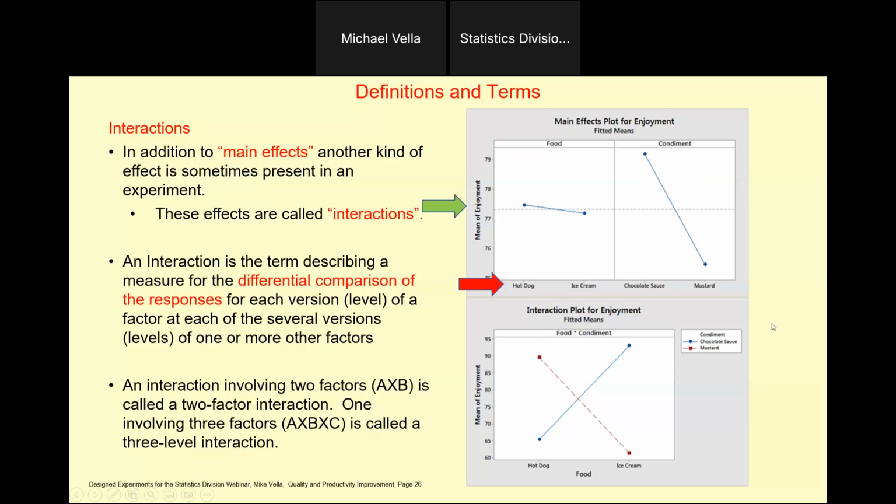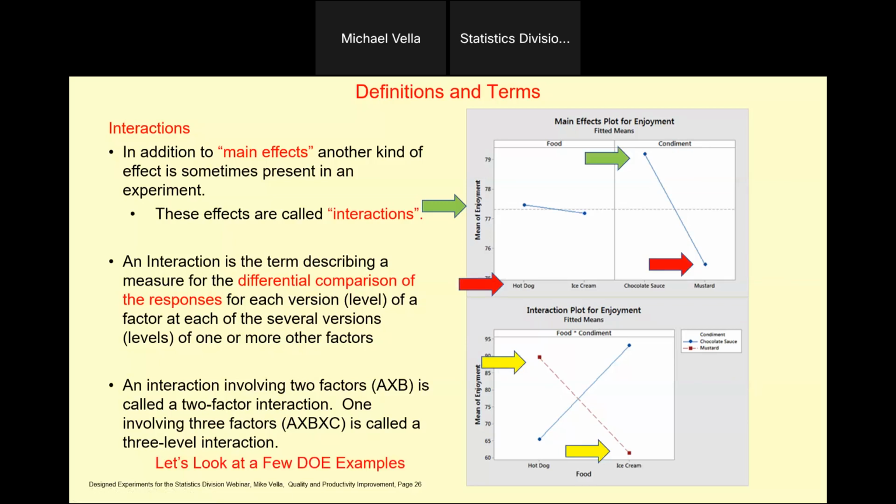However, when you combine them, for example, if you take a look at the graph of mustard, which is the dotted line, mustard on a hot dog has a relatively high enjoyment factor, but when you put mustard on ice cream, not so much. So what you see there is an interactive effect of mustard and chocolate sauce on hot dogs and ice cream: interactions.